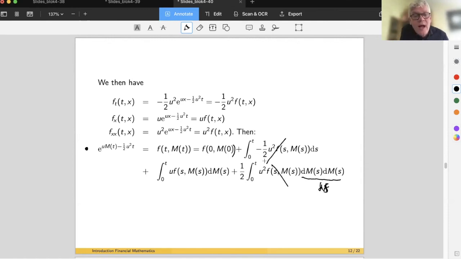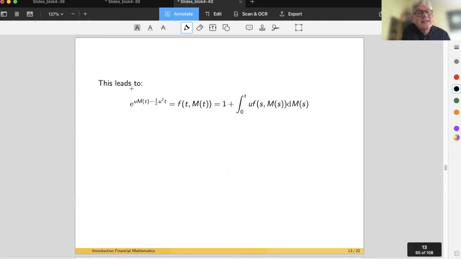So they cancel out, and what remains is f at 0. Substituting 0 for t here gives us a 1, since e to the 0 is equal to 1. So what remains is that e to the u m_t minus 1/2 u squared t, and that was our f, is 1 plus the integral from 0 to t of u f dm.